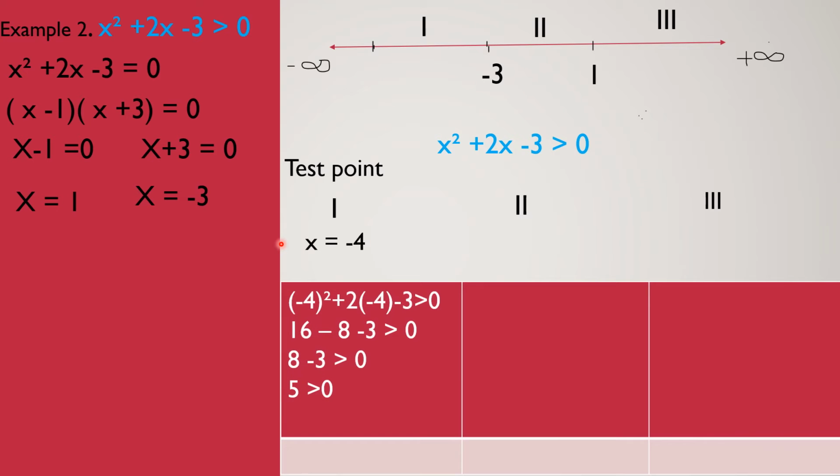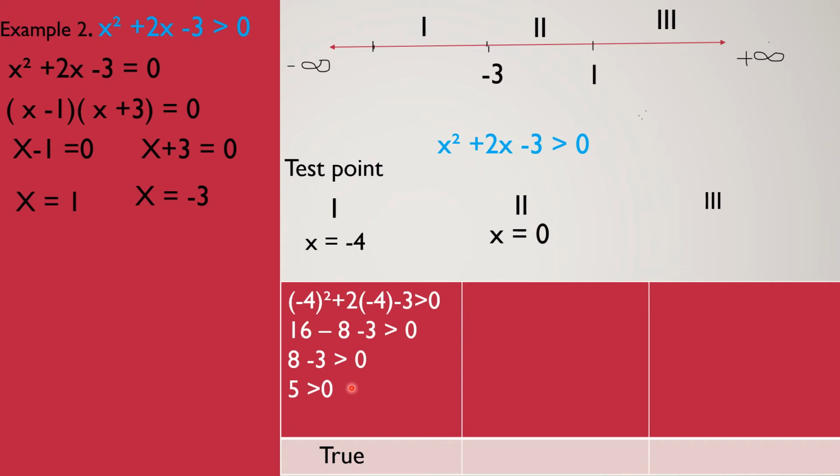So we have negative 4 squared plus 2 times negative 4 minus 3 greater than 0. So just simply change x to negative 4. Negative 4 times negative 4 is positive 16. And then 2 times negative 4 is negative 8, minus 3 greater than 0. 16 minus 8 is 8, minus 3, greater than 0. So we have 5 greater than 0, which is true.